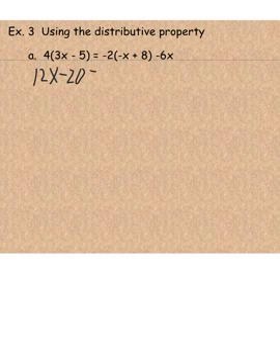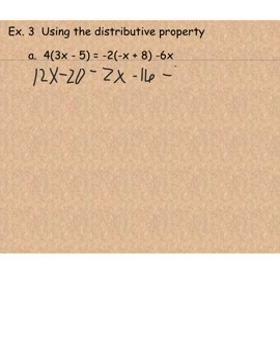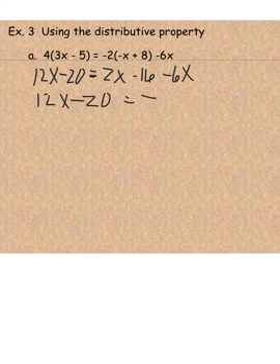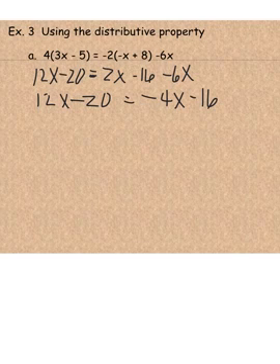And that will equal positive 2x minus 16 minus 6x. We'll look to combine any like terms on the left side of the equation or the right side of the equation. So it looks like we have 2x minus 6x, which will give us negative 4x minus 16.